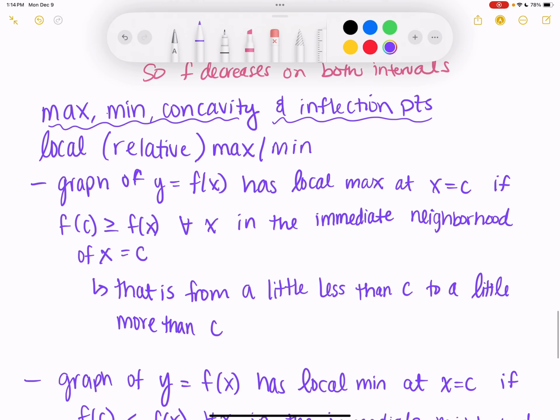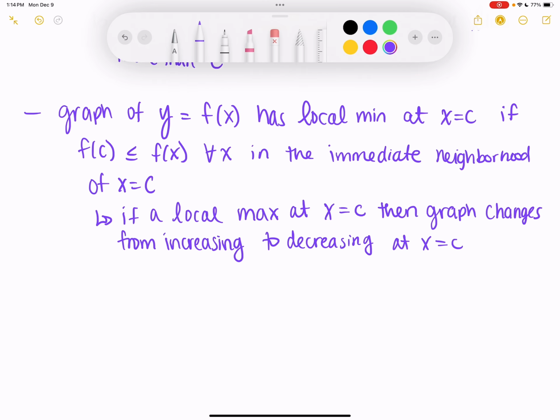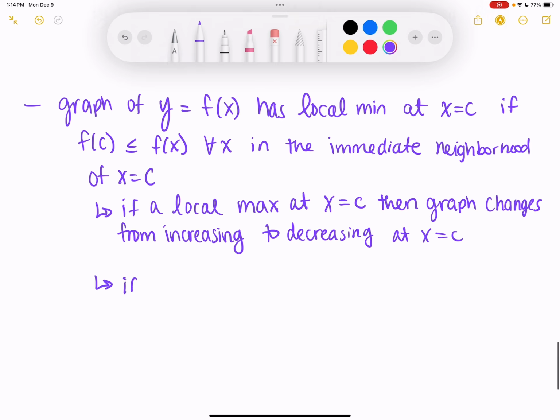But a little less than and a little more than, so descriptive. There is such a thing called an epsilon neighborhood, which is the little area around it. So are we talking plus or minus 1, plus or minus 100, plus or minus a couple, 1e negative 99?